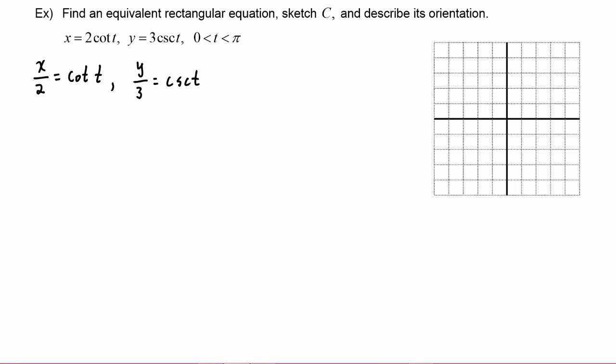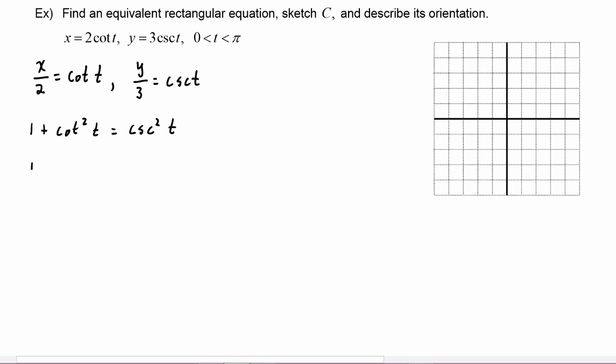We have a Pythagorean identity that relates these two trig functions. We know that 1 plus cotangent squared of t is equal to cosecant squared of t. And now we can substitute.